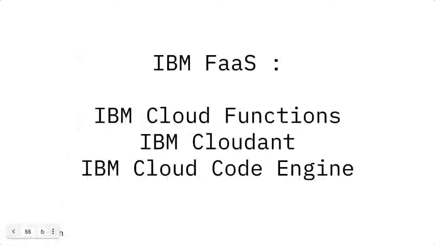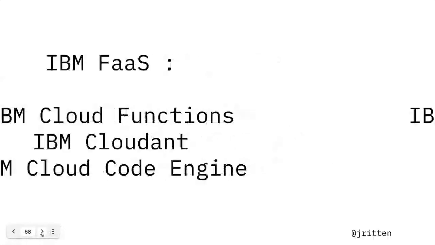So when we're talking about IBM function as a service, what we're referring to is IBM Cloud Functions, IBM Cloud Code Engine. Not to go too deep into this because we're going to explore some of these options next week, but Code Engine is our offering.